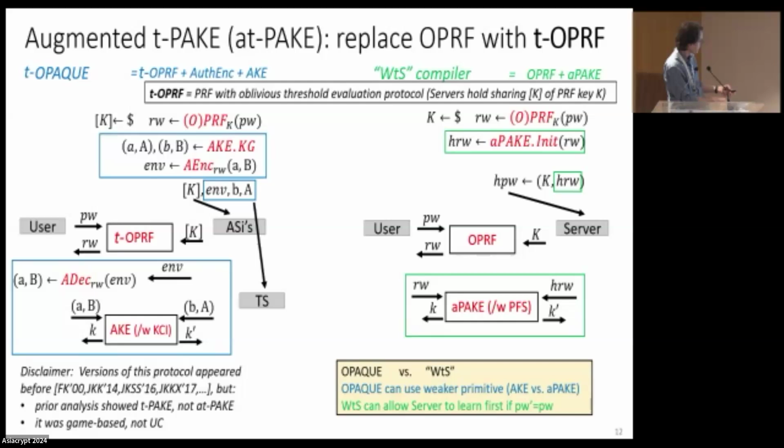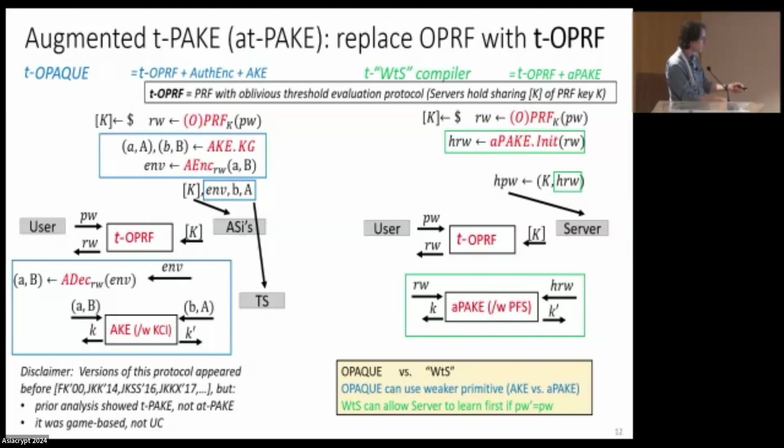The envelope and this stuff is just what's stored at the target server. So the target server is the one who will be executing this part, and therefore he will be the one who will create a shared key with Alice, right? So it's very, very similar. You just replace this block, the OPRF, with a threshold OPRF, and you have a natural division between auxiliary servers and a target server.